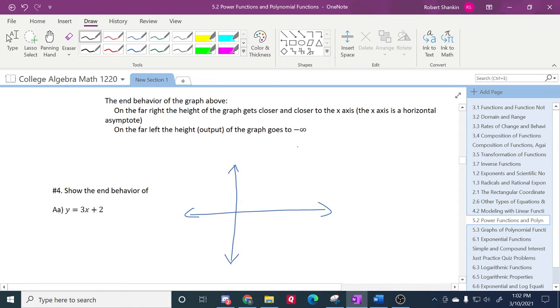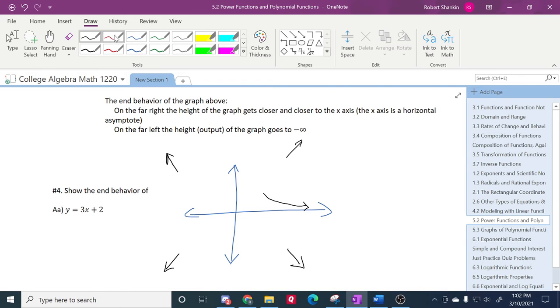Is it going way up or is it going way down? And on the far left, is it going way up or is it going way down? Or is it doing something not either one of those? Is it perhaps going closer and closer to the x-axis? Well, how do I decide among all these possibilities?